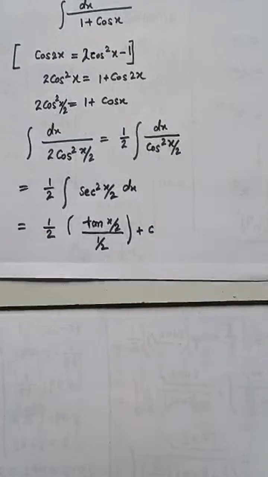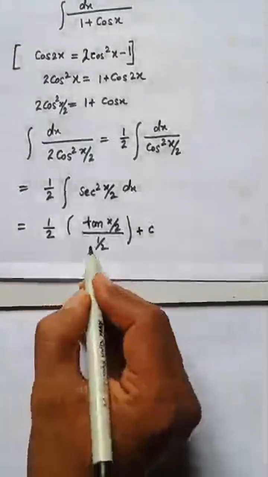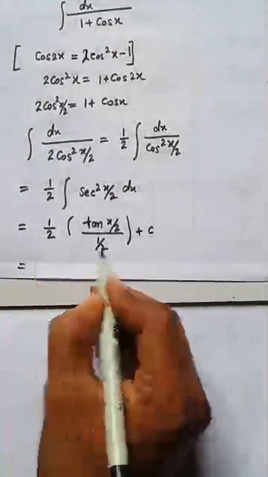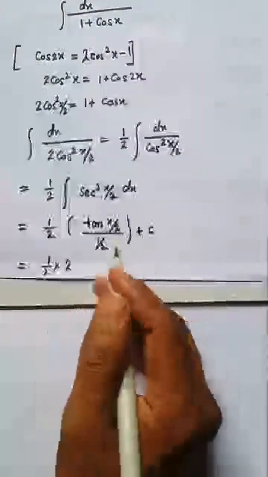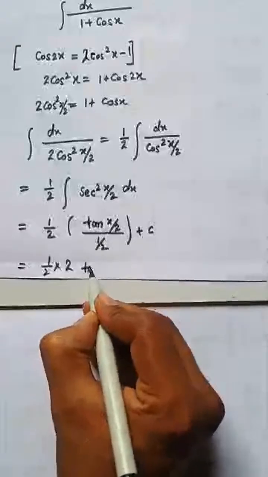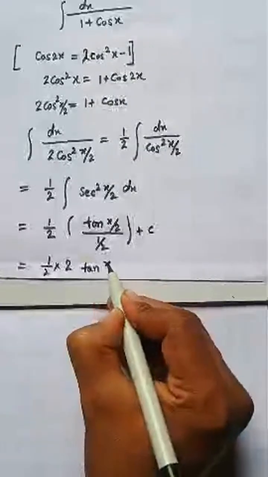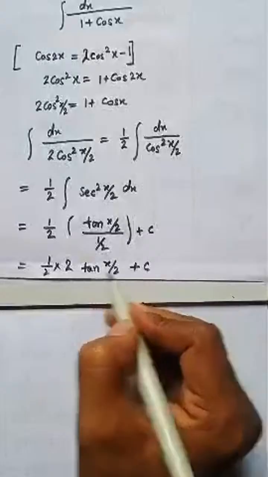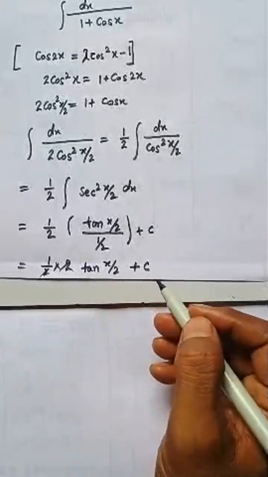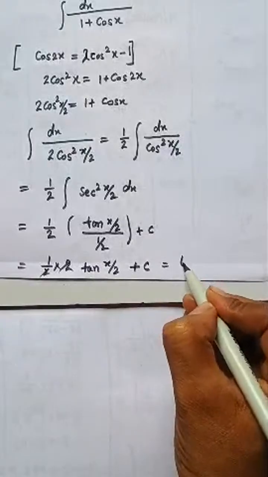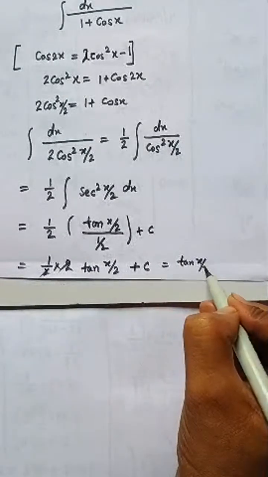So this 1 by 2 divided gives 2 going up here, and we have 2 tan x by 2 plus c, and the 1 by 2 and this 2 cancel, so we have only tan x by 2 plus c.